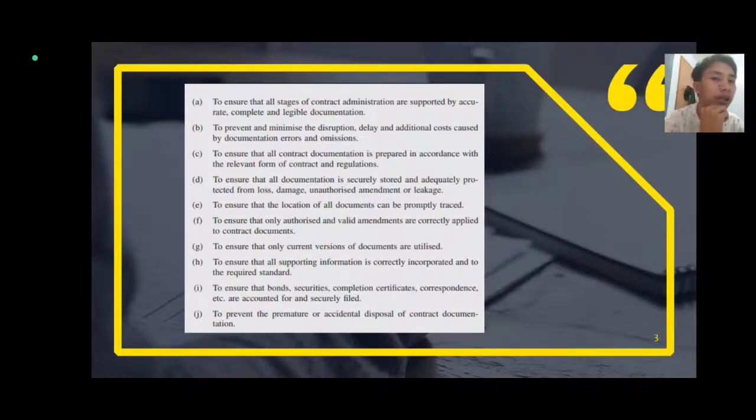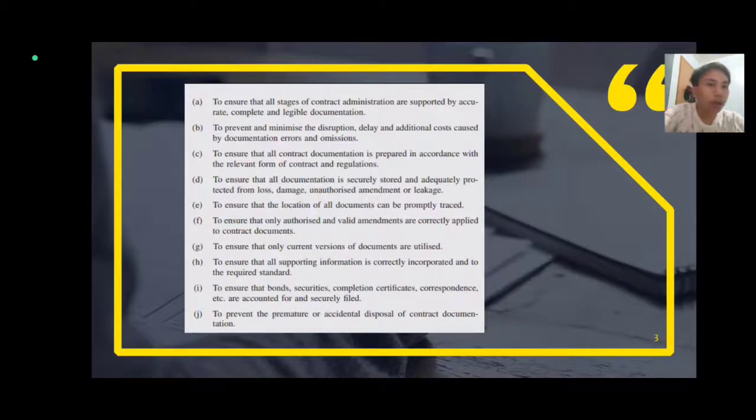Then letter C, to ensure that all contract documentation is prepared in accordance with the relevant form of contract and regulations. Letter D, to ensure that all documentation is safely stored, adequately protected from loss, damage, unauthorized amendment or leakage. E, to ensure that the location of all documentation can be promptly traced.